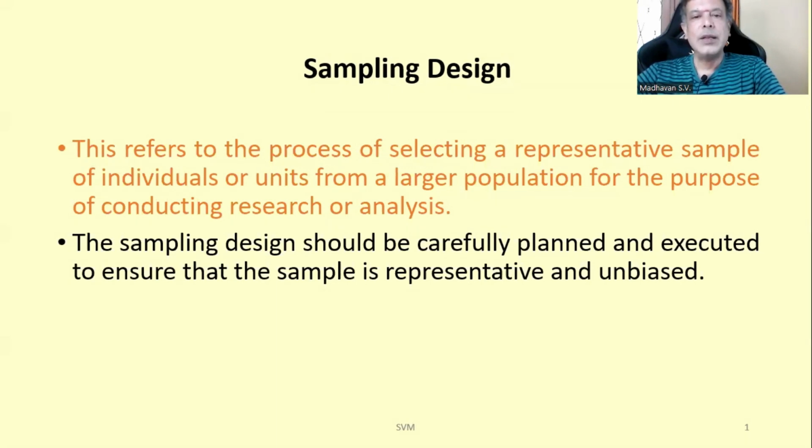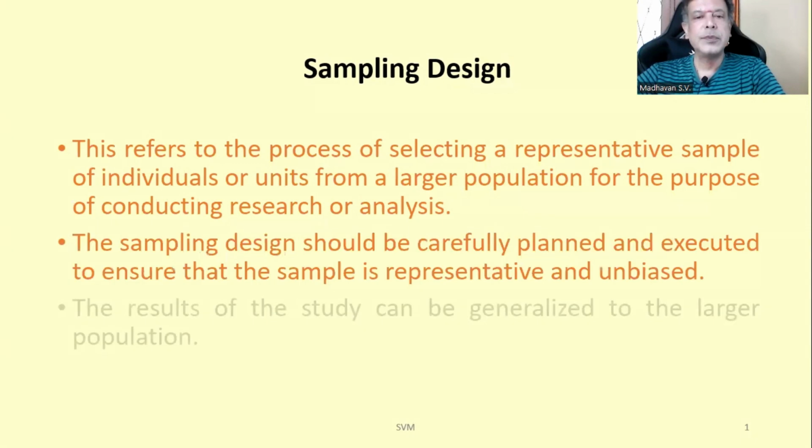Unbiased means the error between any population parameter we are measuring and the sample estimate, the error gap, should be very less or very minimum. There should not be any biasness while selecting the sample. So if you select randomly, this unbiasedness will be taken care of.